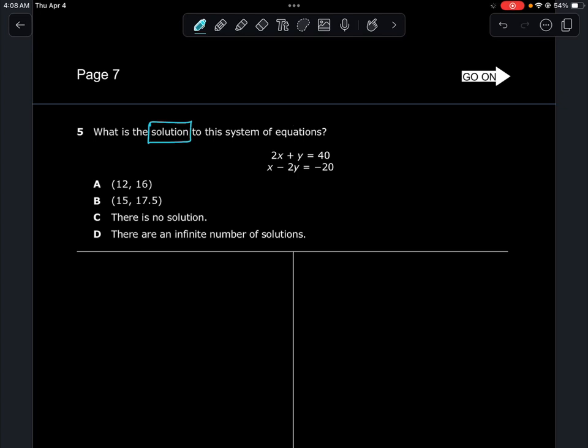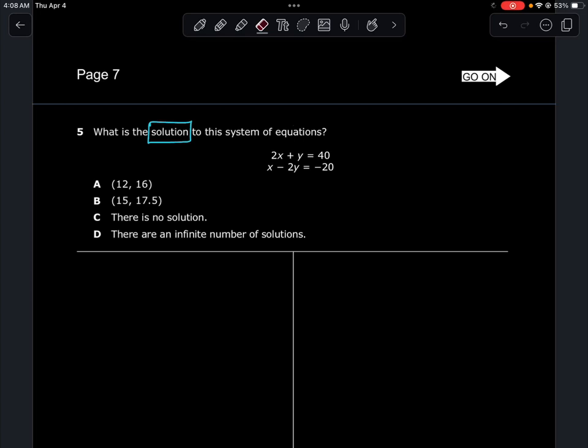I also see that each one of those equations is linear. How do I know it's linear? Well, it doesn't have x squared, it doesn't have x cubed, it doesn't have 1 over x. That means it's linear. Linear means each one of those is going to be represented by a line.